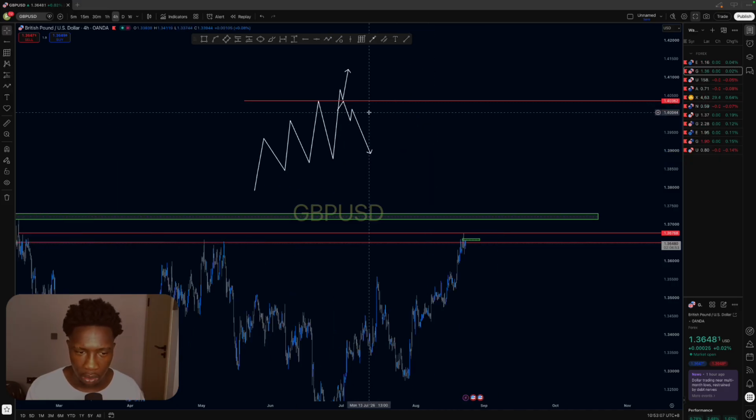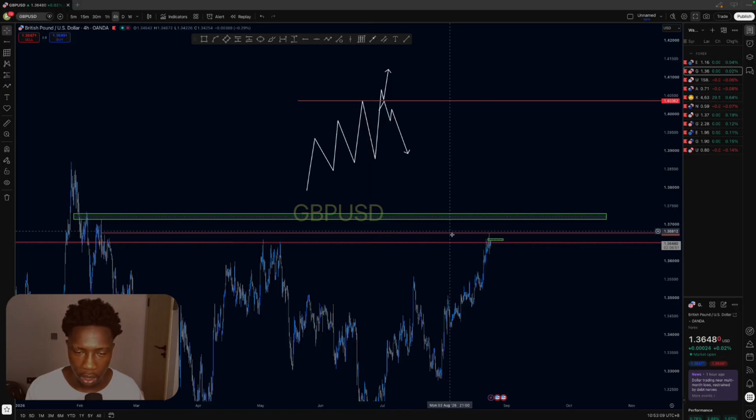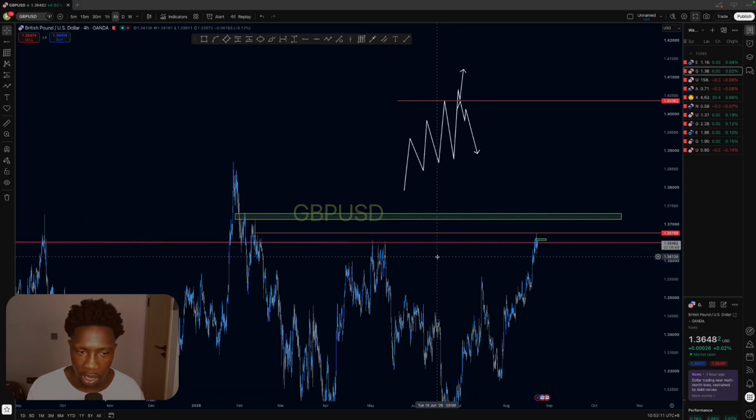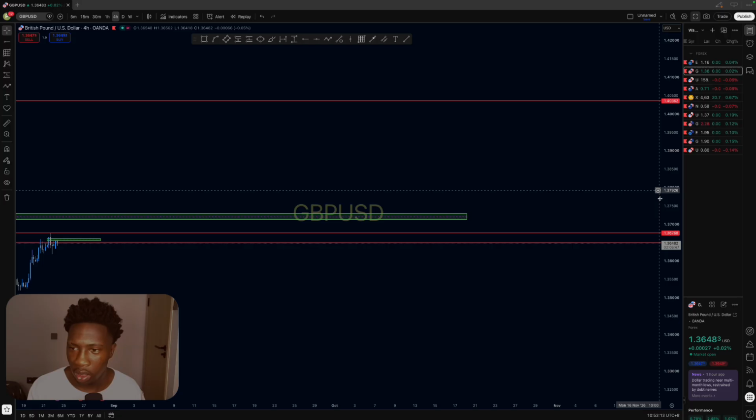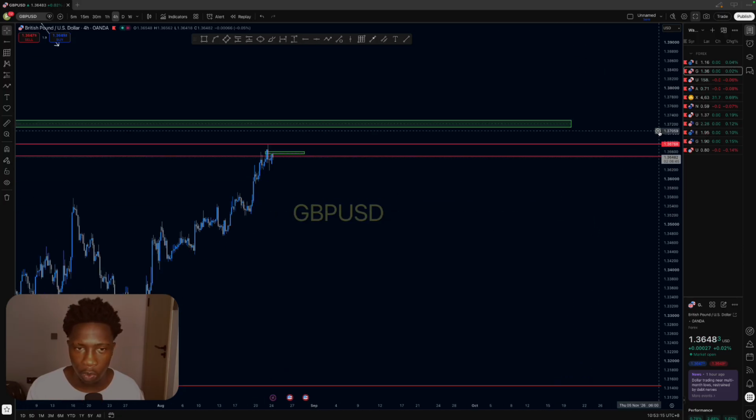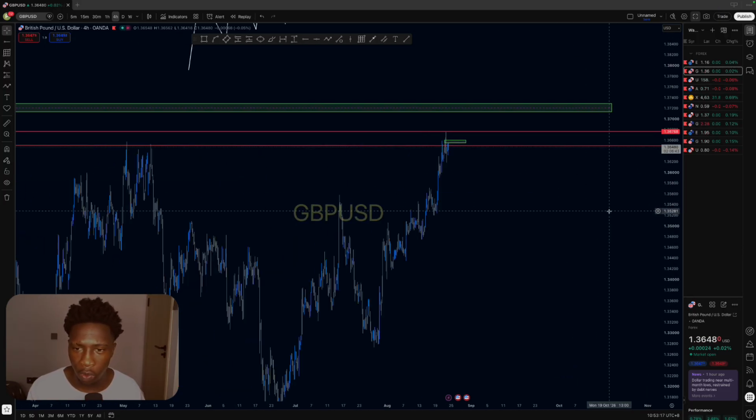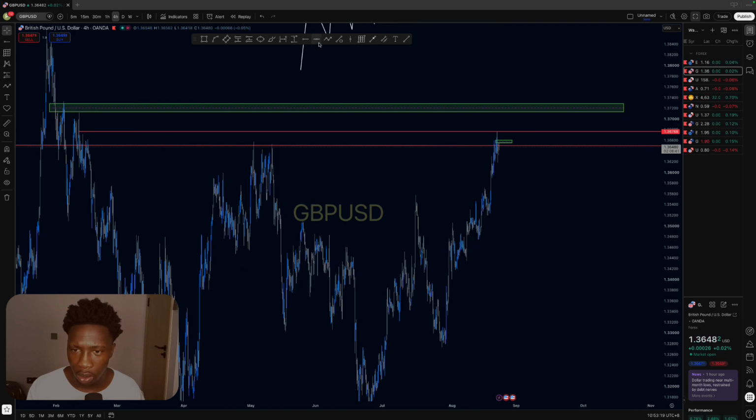So right now I will need a move to the downside. Let me highlight it. If it is a real move, I will need a move to the downside to confirm the direction, and then a move to the upside, because the market is always moving in both directions, buyers and sellers, no matter the direction.